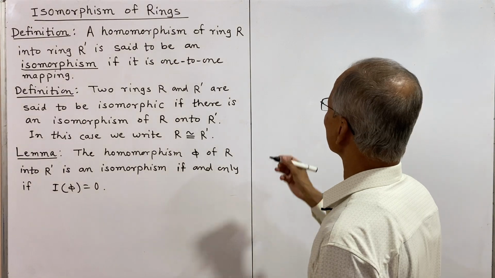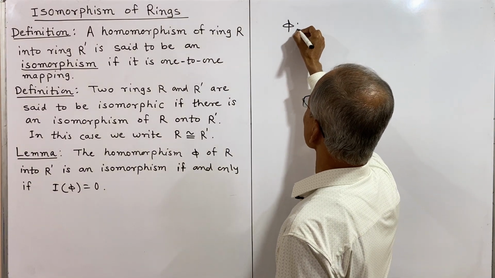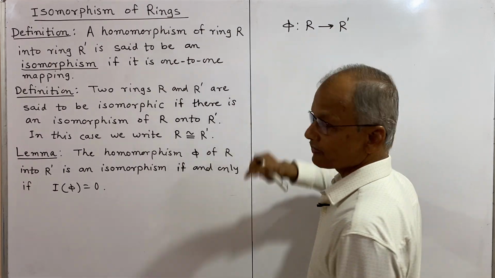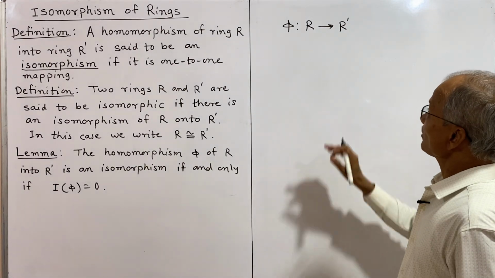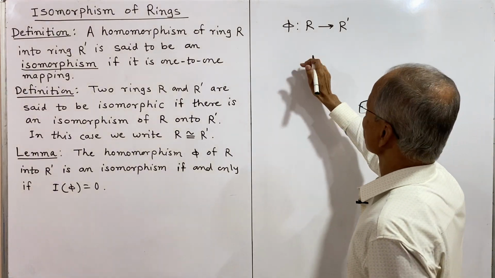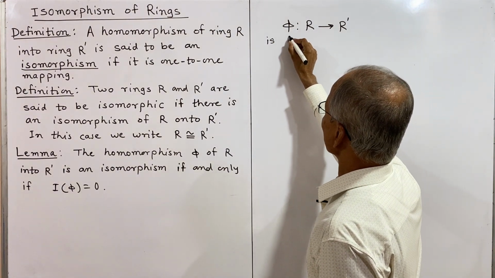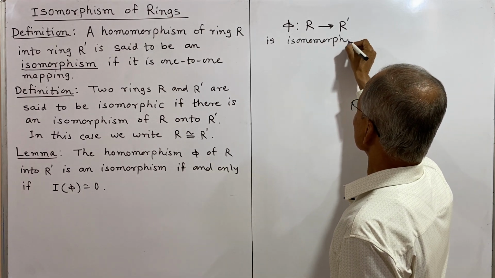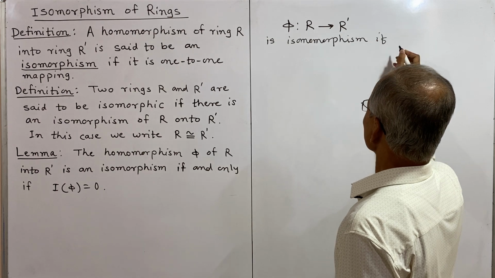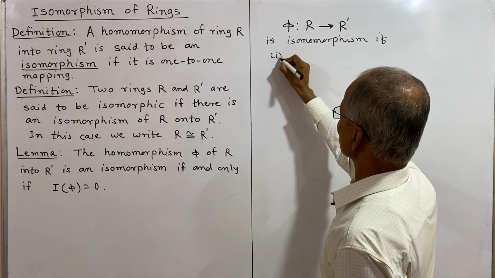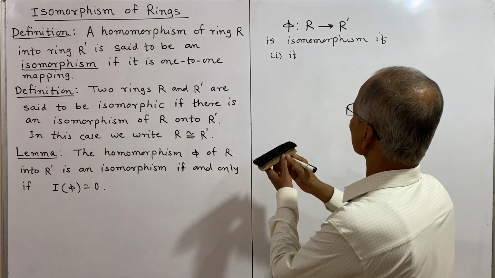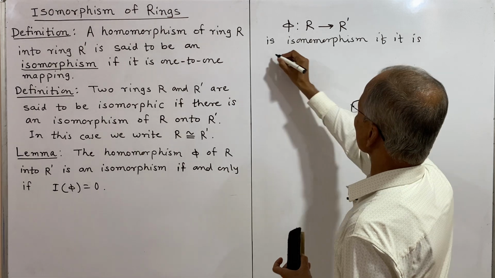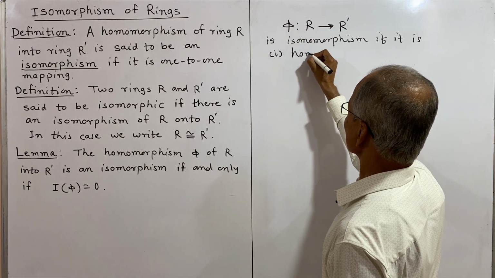We have generally denoted the mapping between two rings as phi, and phi from R to R dash is an isomorphism if it is a homomorphism, that is necessary.